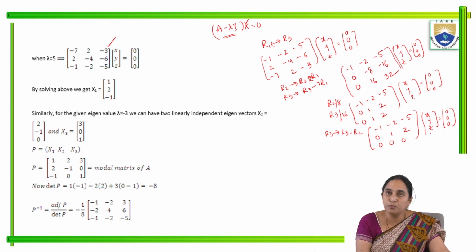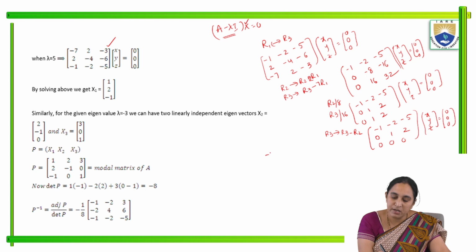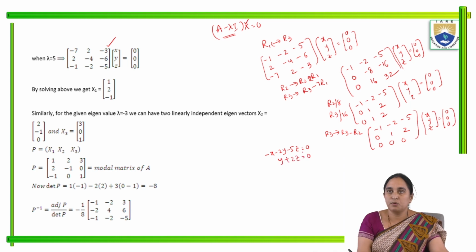Now we have to write it in equation form. From the first equation, minus x minus 2y minus 5z is equal to 0, and the second equation, y plus 2z is equal to 0. Here we have to find the x value. We have two equations, and from these two equations we have to find x, y, z values.